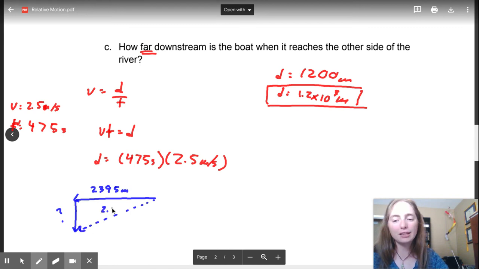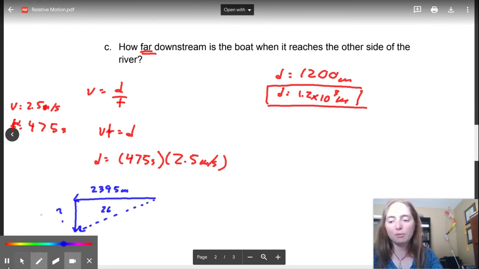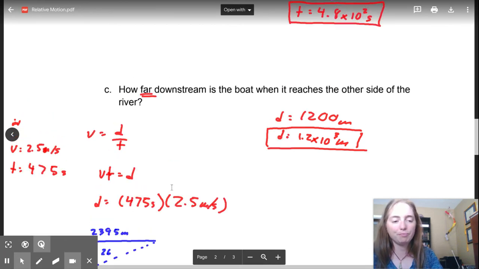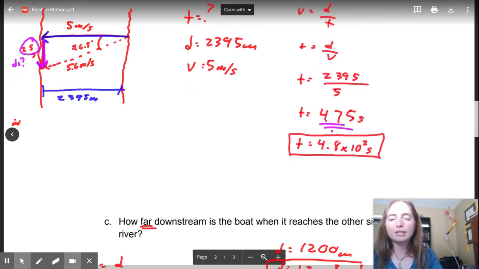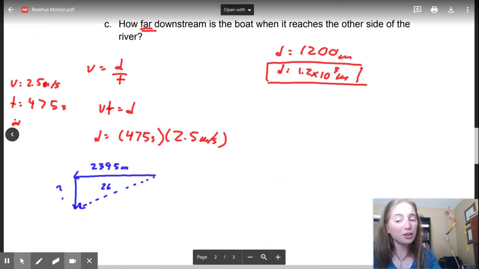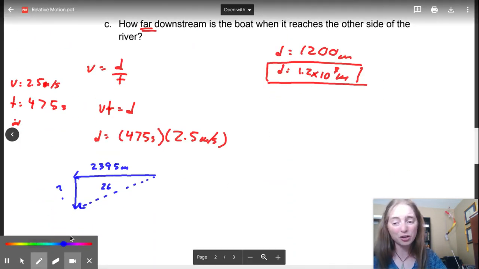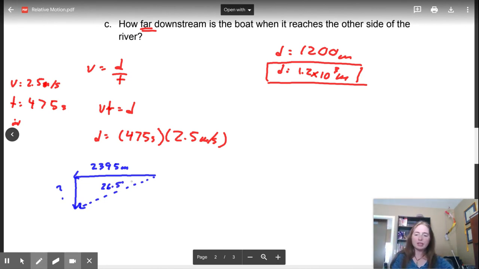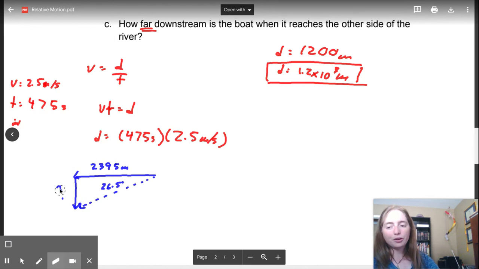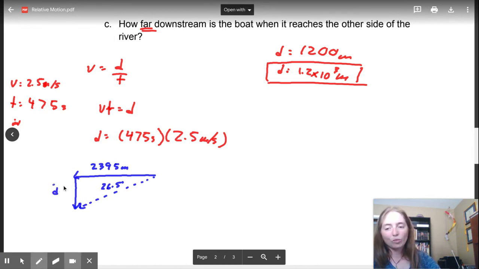You calculated this 26 point, oh, come on, computer. It's being a bum. Yeah, 26.5 degrees. Now remember, you can't use just 26.5 degrees. You have to use your unrounded number. Okay, and you can use that to find this value here, this distance on this side.